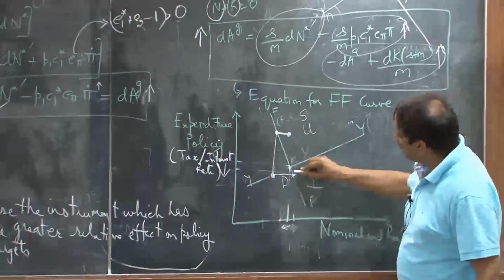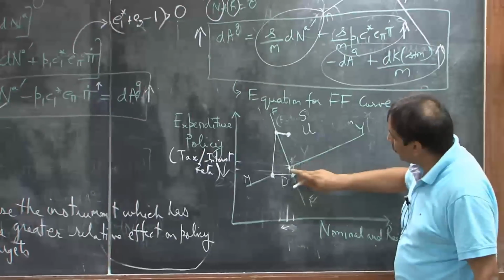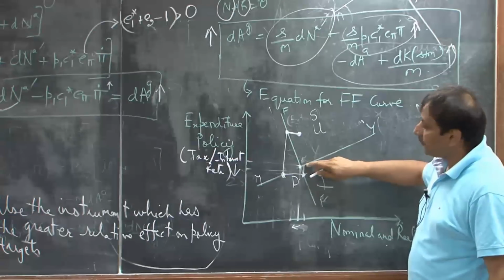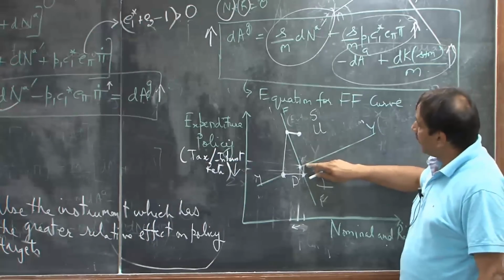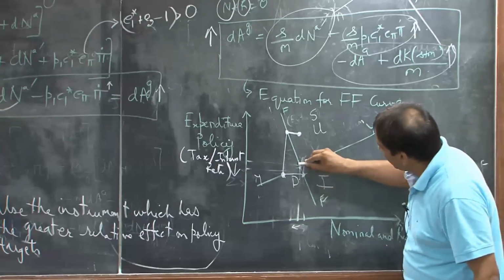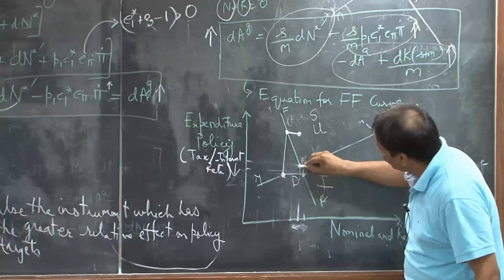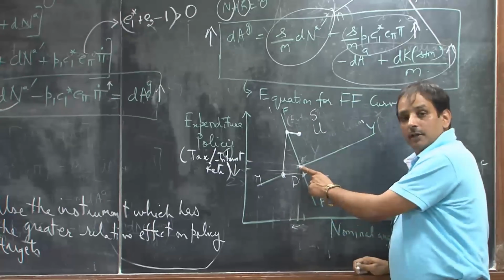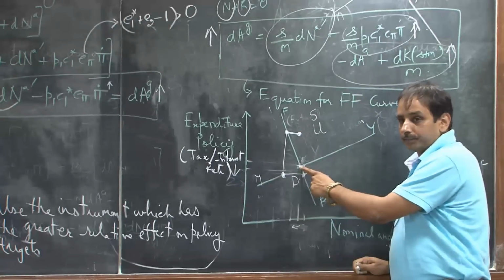So you increase interest rates, tax rates, you move to a point which is on the YY curve, which is above the FF curve. So you have a surplus in the balance of payment. You appreciate your currency, you do this, and through the cobweb phenomena, you reach the equilibrium point.